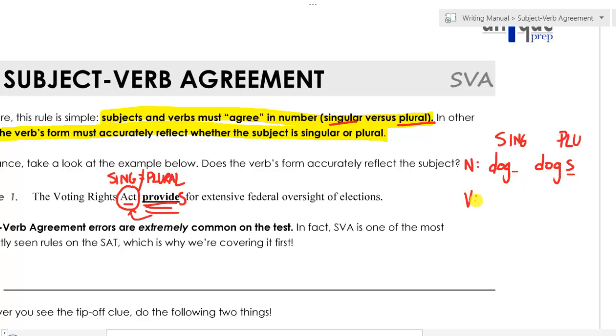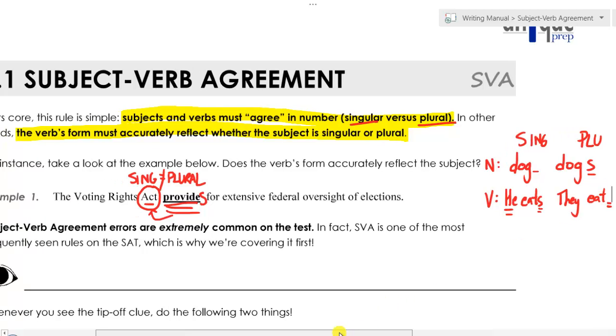In our verbs, and again, this can be tricky for some people, we would say something like he eats. Notice that he is singular, and on this singular verb we have this S, and then when we switch to a plural subject such as they, notice that the S gets dropped.